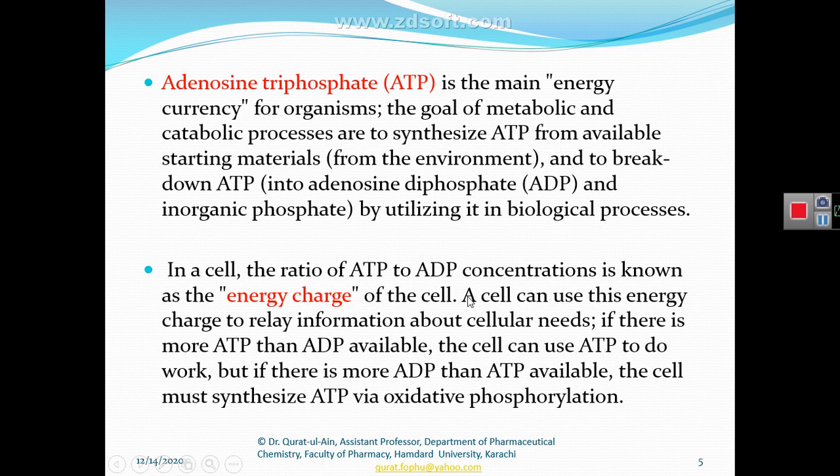And continuously in our body, ATP and ADP keep converting into each other.